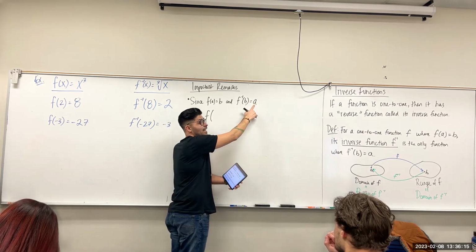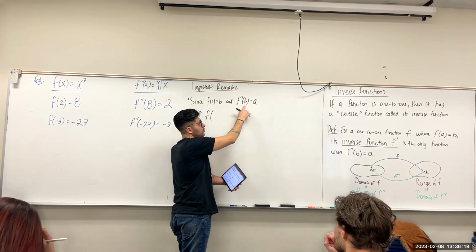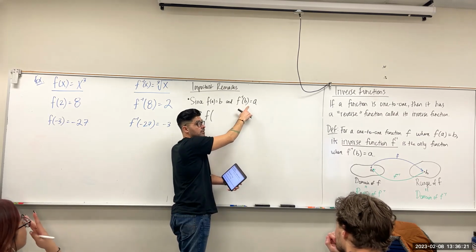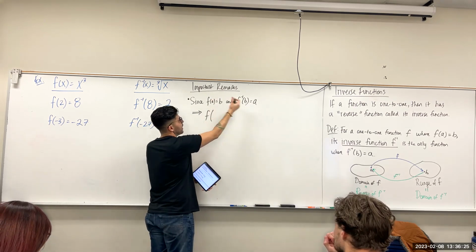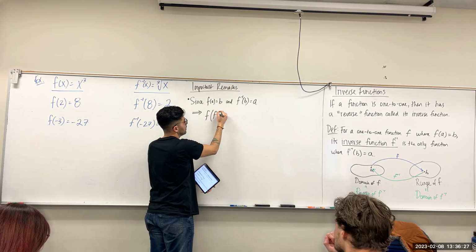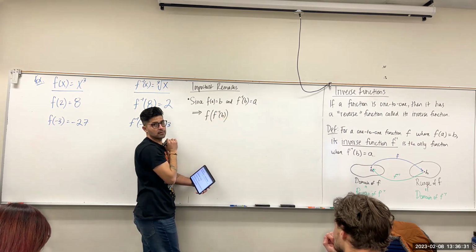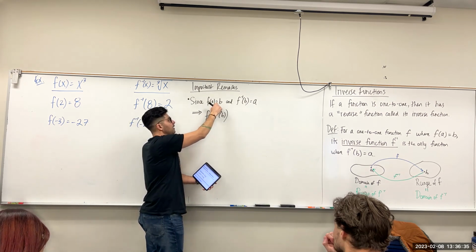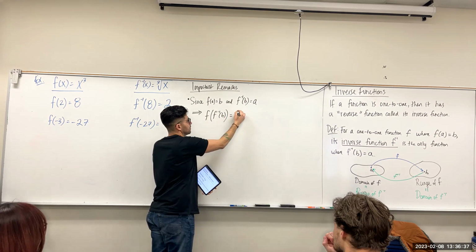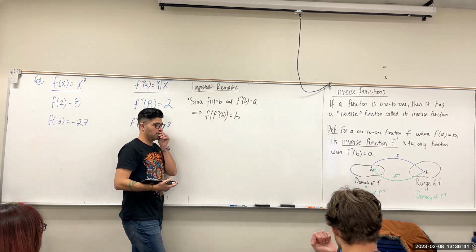What is A equal to? It's equal to this stuff. F inverse of B, right? So I can replace this A and substitute it with this to make it look like a composition. See that? But this has to equal what? B. See that tricky algebra there? Stare at it for a little bit.